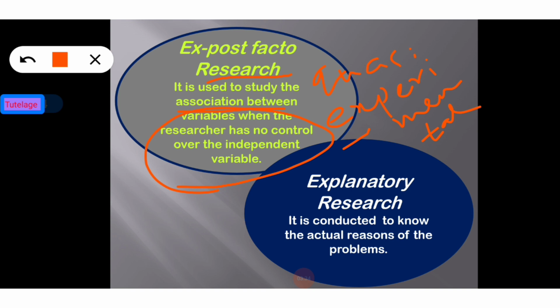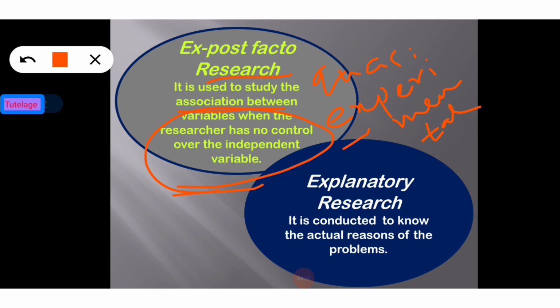But before going to that, ex post facto research basically denotes the association between the independent variable and the dependent variable when the researcher has no control over the independent variable. That means the relationship between two variables is explained without manipulating the variables. It is basically used in social science subjects like education.